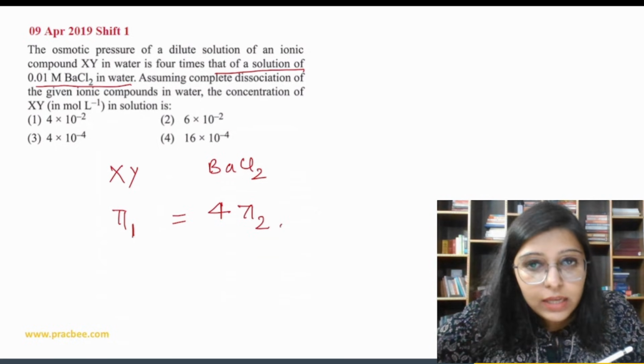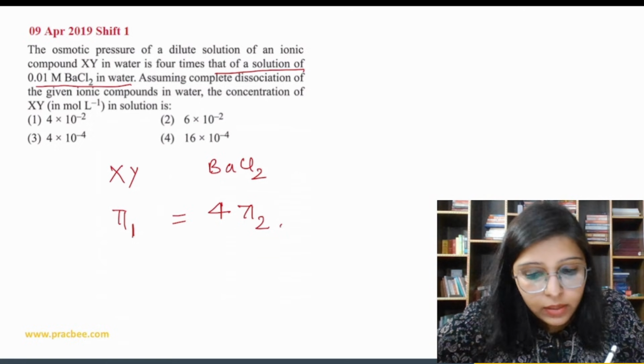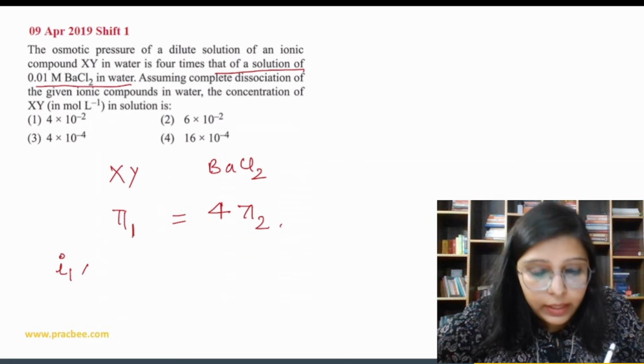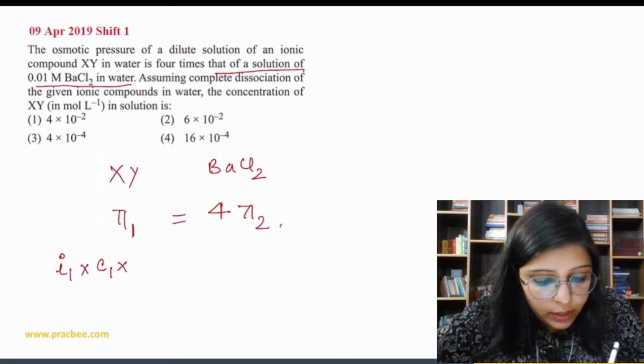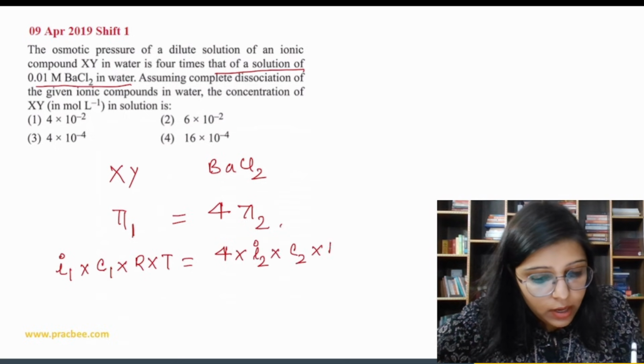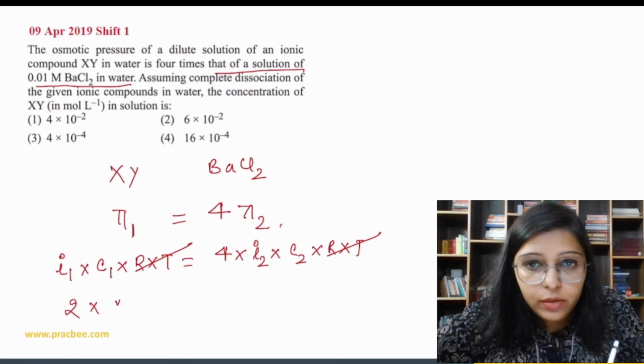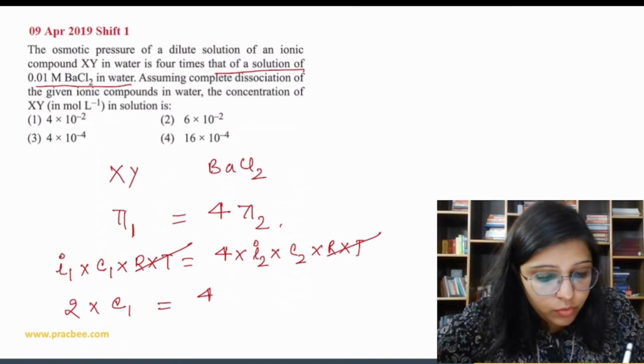Fine. Assuming complete dissociation. So what is pi? That is i1 into C1 into R into T, and this is 4 into i2 into C2 into R into T. RT cancel out. i1 is going to be 2, into C1, it is equal to 4.